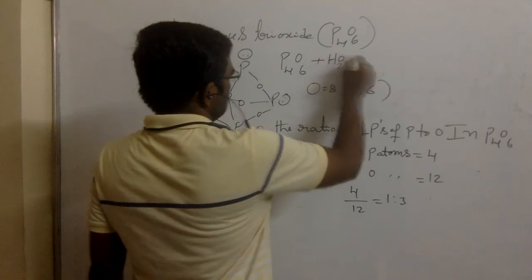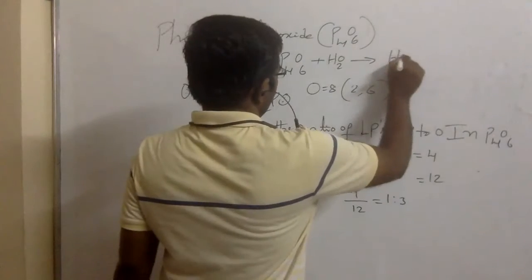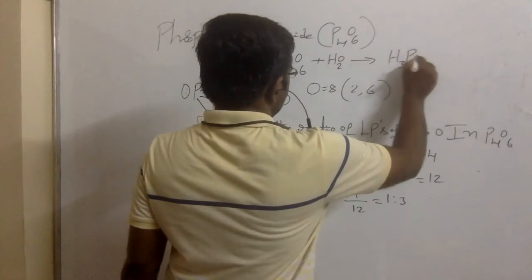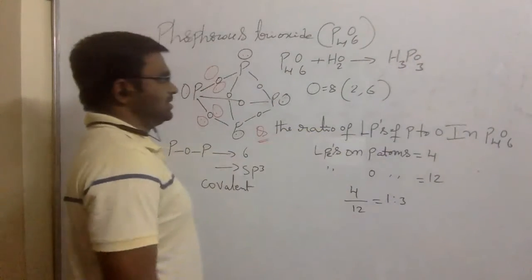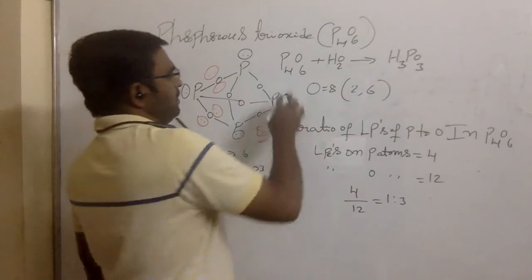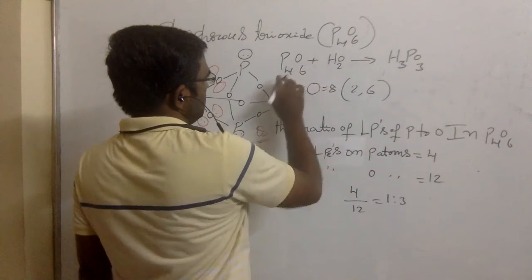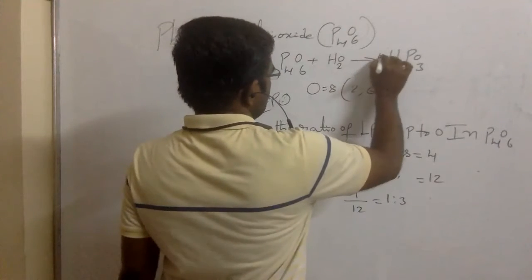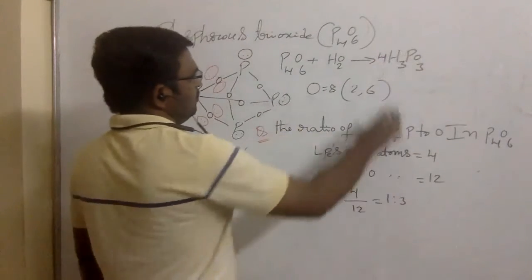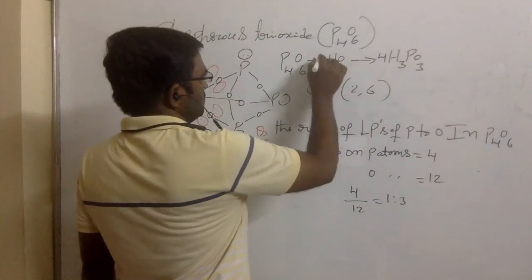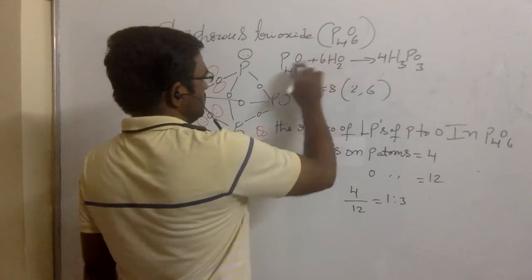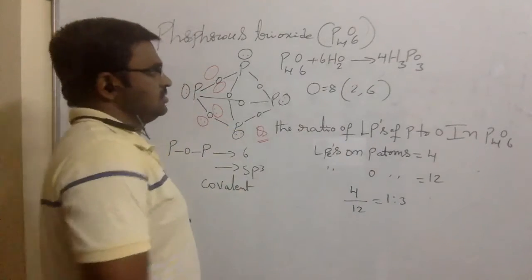It gives phosphorous acid. Here 4 phosphorus atoms are there, multiply by 4; 4 sixes are 12 oxygens.